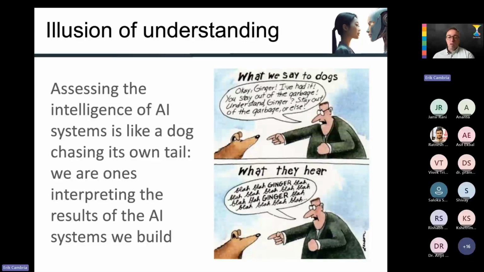So the sad truth is that today, the way that AI understands language is not so much better than how a dog understands language, in the sense that, yes, ChatGPT and other large language models can produce a sentence much better than a dog and maybe even most human beings.